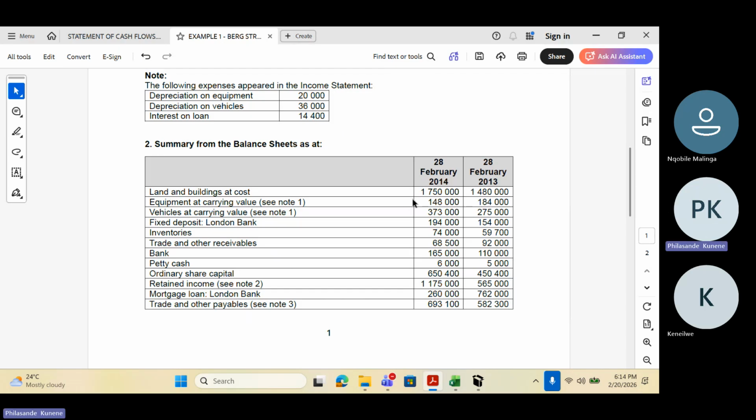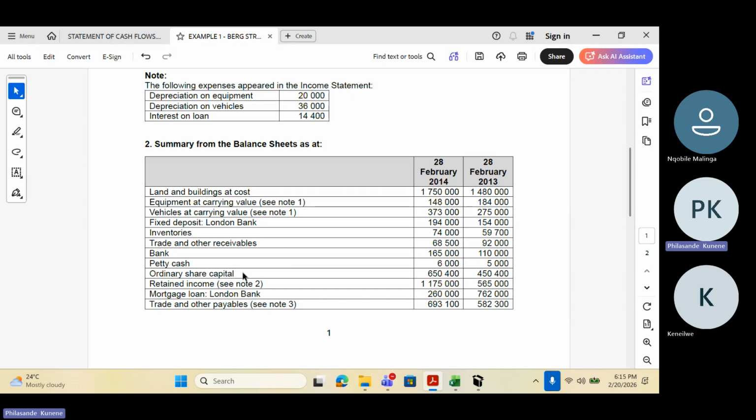Equipment at carrying value, 148,000, 184,000 in the previous year. Vehicles at carrying value, we have 373,000, 275,000. We have fixed deposit, London Bank. We have inventories. We have trade and other receivables. We have bank. We have petty cash.